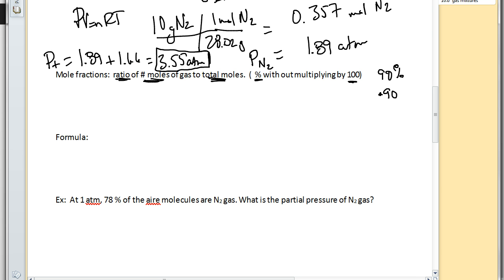So there's a formula that is given to you on your equation sheet for a mole fraction, and mole fraction is denoted by X. And we say that X is moles of 1, whoever we're talking about, over moles total.